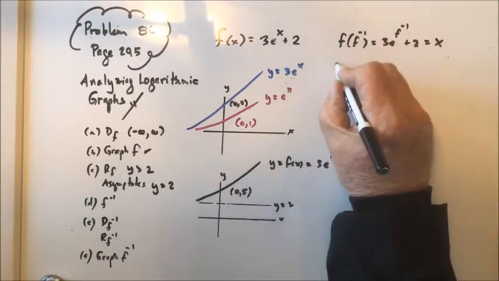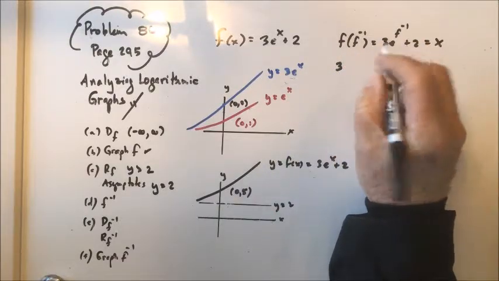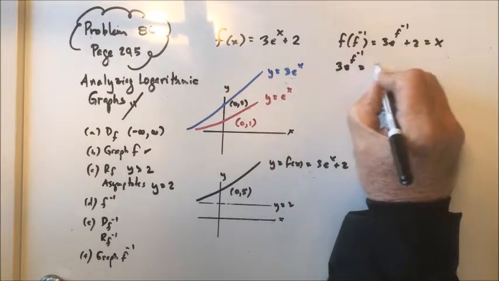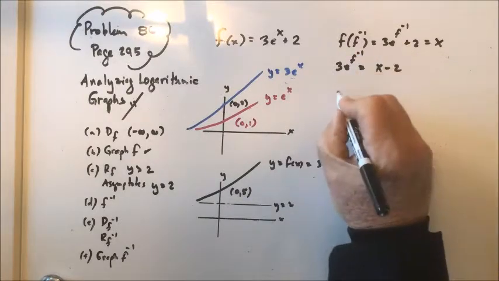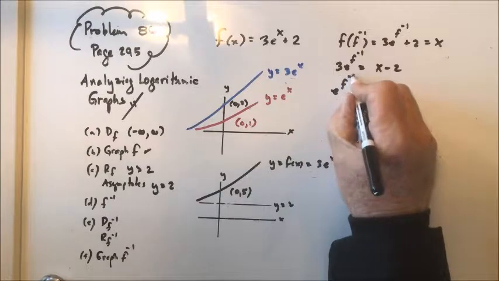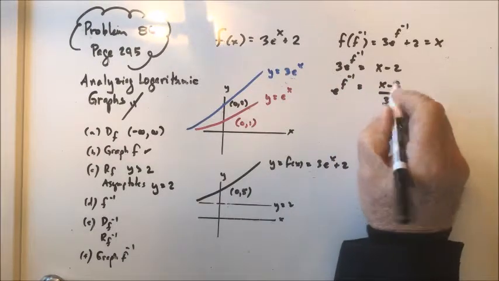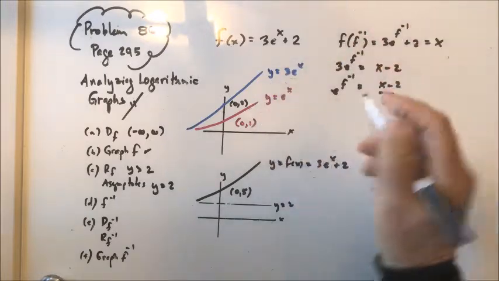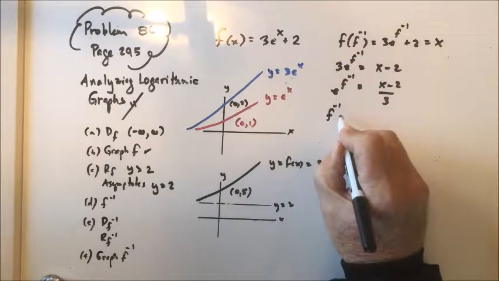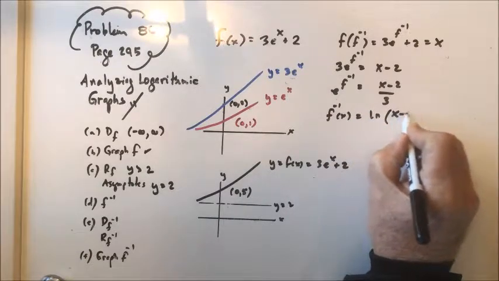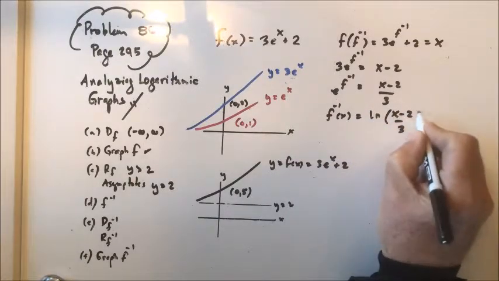So to solve this, I'm going to say 3 e to the f to the minus 1 is equal to x minus 2. That means e to the f to the minus 1 is equal to x minus 2 divided by 3. And now if I essentially take the log of both sides, then f to the minus 1 of x is equal to the natural log of x minus 2 all over 3.